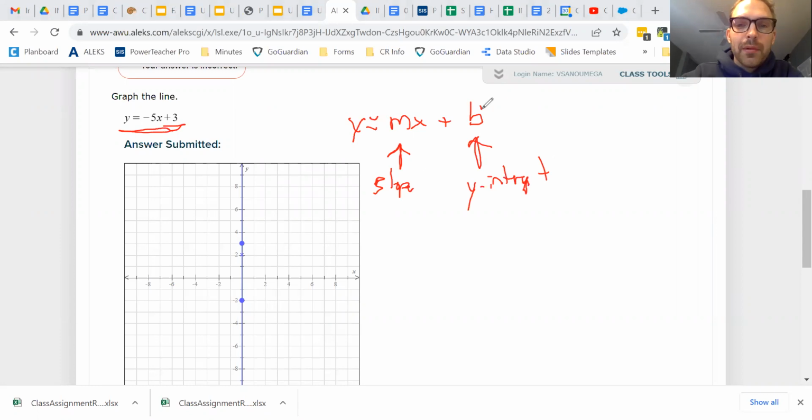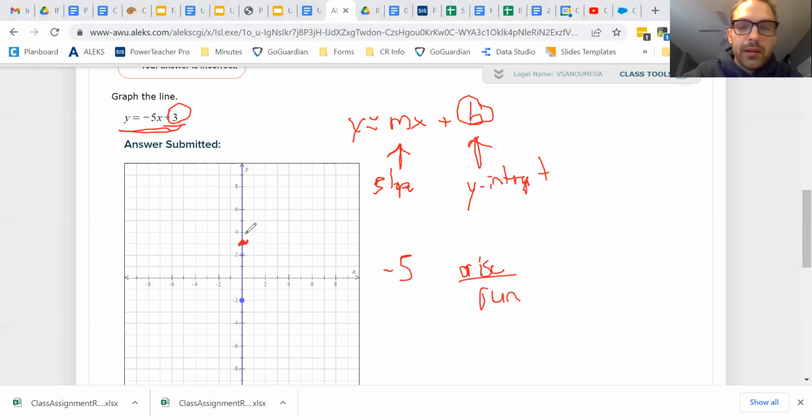She began with b. In other words, she began by plotting the y-intercept here at 3. Now, what Tori forgot is about the slope, because slope is still just the rise over the run. So Tori went down 5 here. But remember, our slope here is -5, and slope means rise over run.